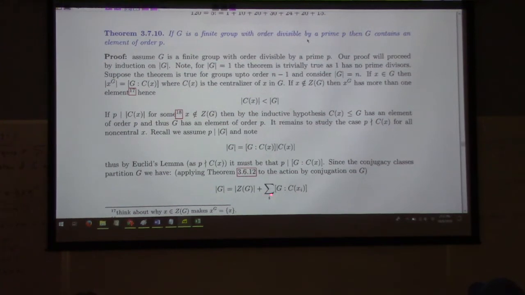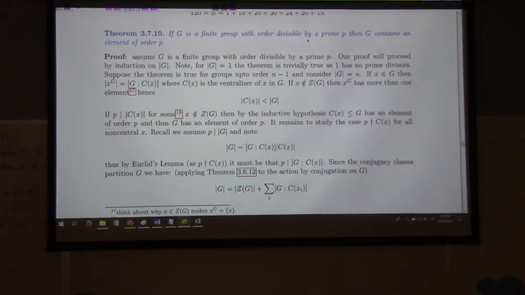And the sum is taken over a set of non-central x's which are sufficient to cover all the different parts of the partition of the group into conjugacy classes. Such x exist and can be found because we're talking about a finite group, so by exhaustion you can set up this sum. Does that make sense, what I'm saying?